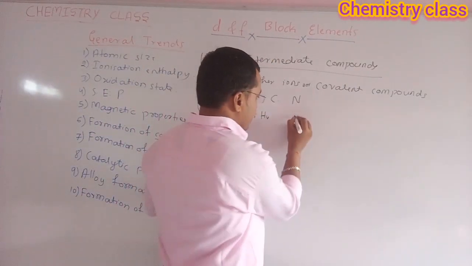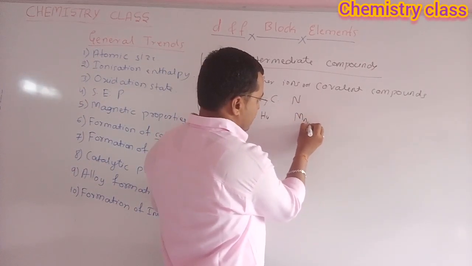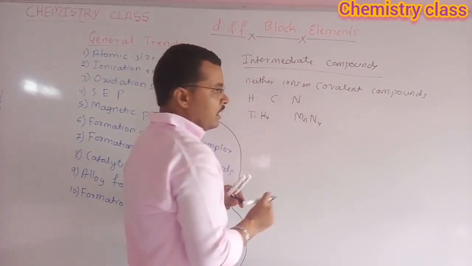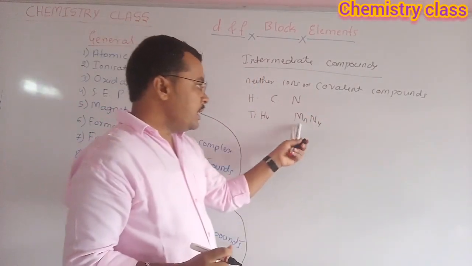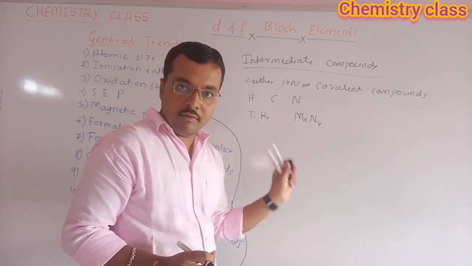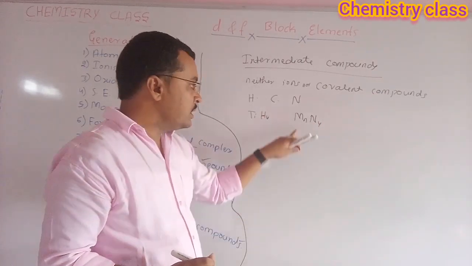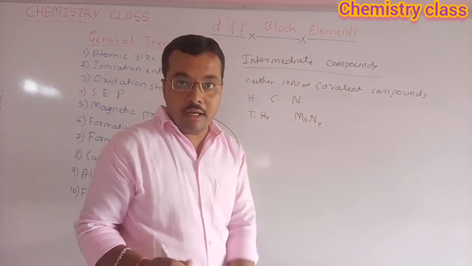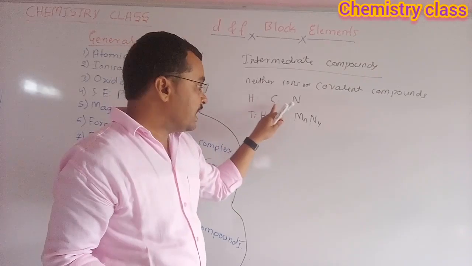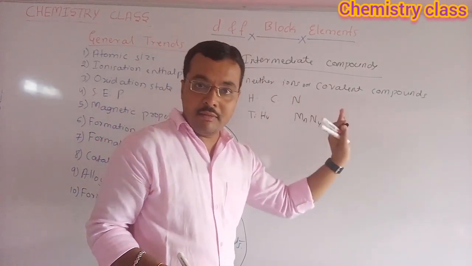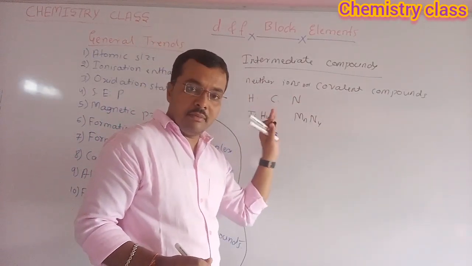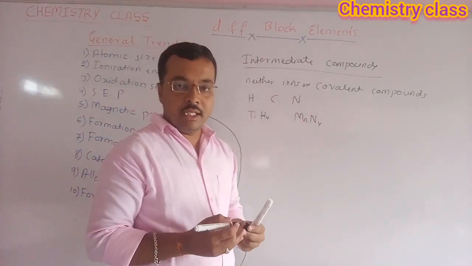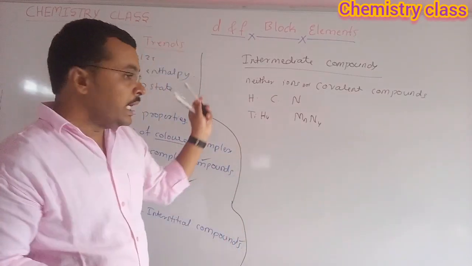Another one is MnN4, manganese tetranitride. This is also one of the interstitial compounds. These are neither ions nor covalent compounds. This is another general periodic property of the d block elements.